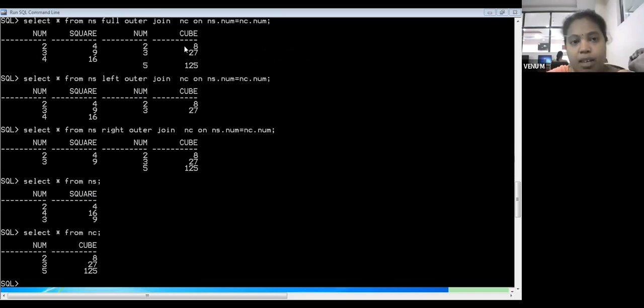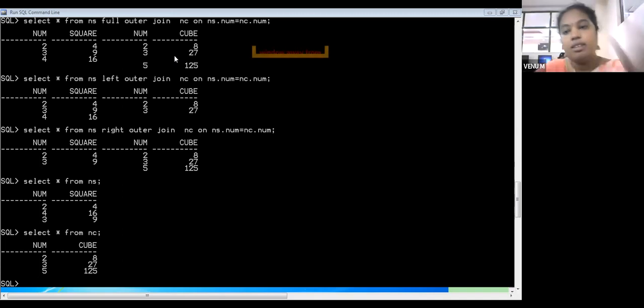So all of you understand this? Anyone can reply. The types of outer joins and the types of inner joins are explained. Do you understand? Anyone can reply, do you understand all the joins? After that, we will work with set operators. This is a very, very important topic, joins. Do all of you understand the output and the related join concept?